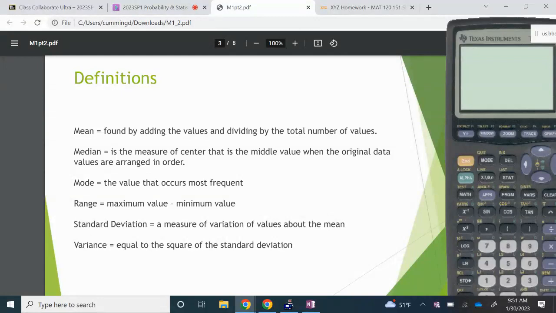So to kind of give you a vision of what a standard deviation is, and this kind of goes to algebra a little bit. Let's just say that I have a line, and this is my mean value, okay, which is that X bar.